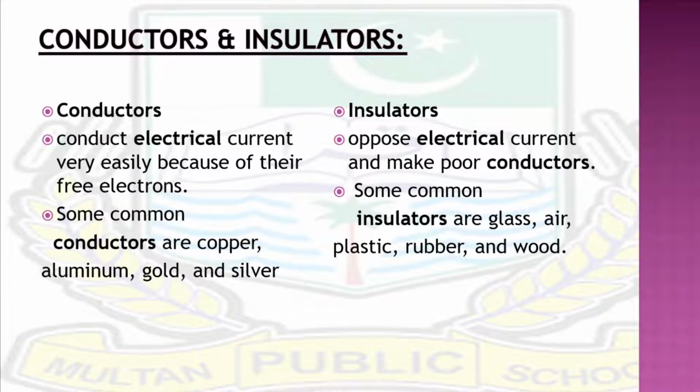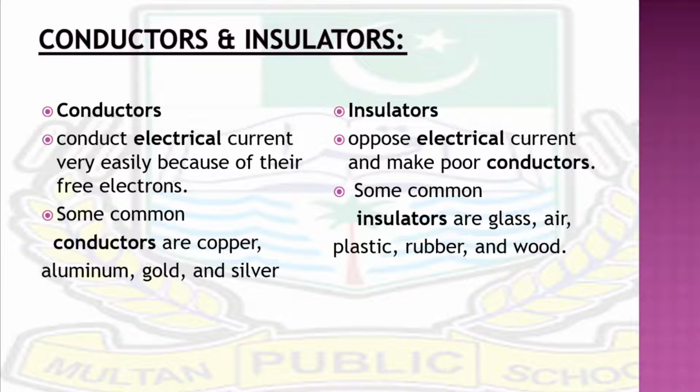Now we have to see the difference between the conductors and the insulators. Conductors conduct electrical current very easily because of their free electrons. Some common conductors are copper, aluminum, gold, and silver. While insulators oppose electrical current and make poor conductors.